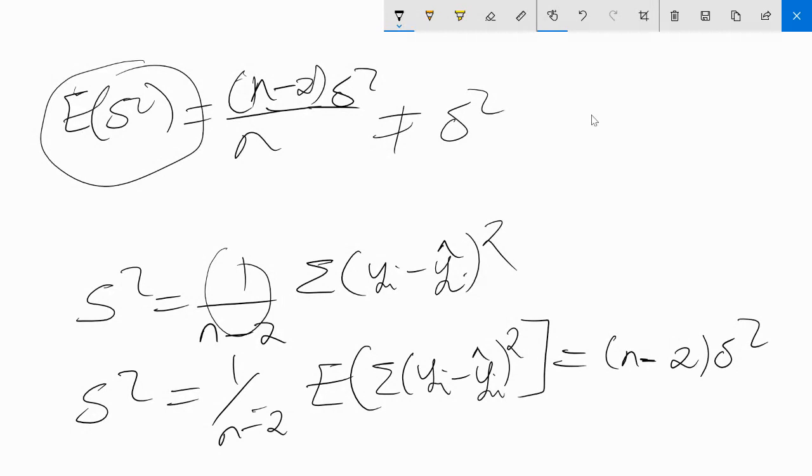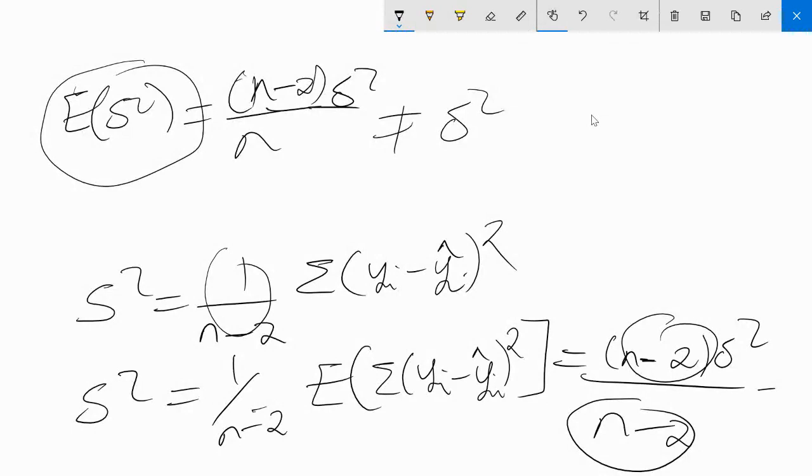We have n minus 2 here, so this n minus 2 will cancel with this, and we are left with sigma squared. That's why this one is unbiased. I hope it's clear.